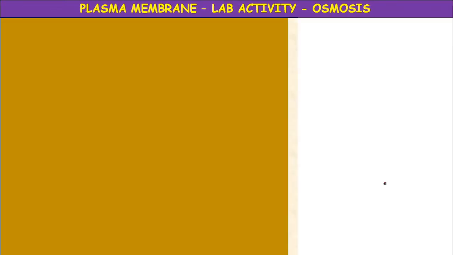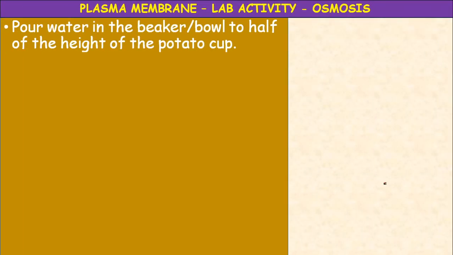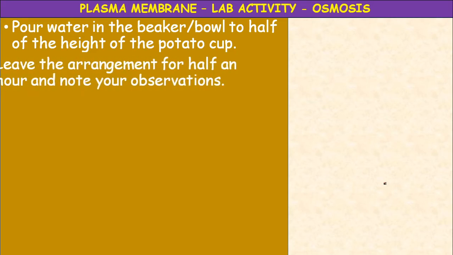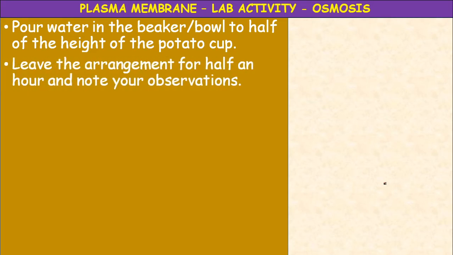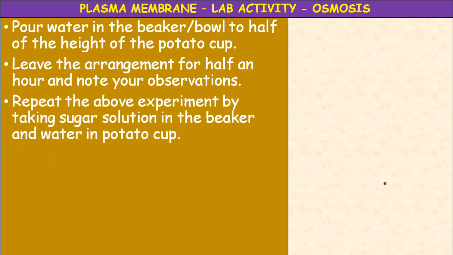Now pour water in the beaker or bowl to half of the height of the potato cup. Leave the arrangement for half an hour and note your observations. Then repeat the above experiment by taking sugar solution in the beaker and water in the potato cup.